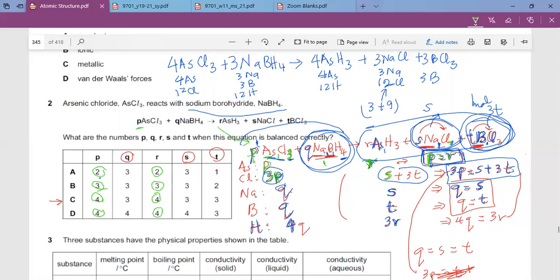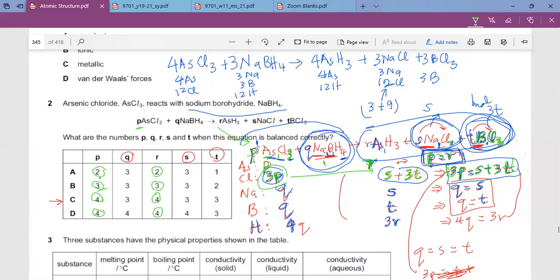Here 1 mole of boron trichloride has 3 atoms. So T moles has 3T. So 3P equals S plus 3T. So that's the second equation.